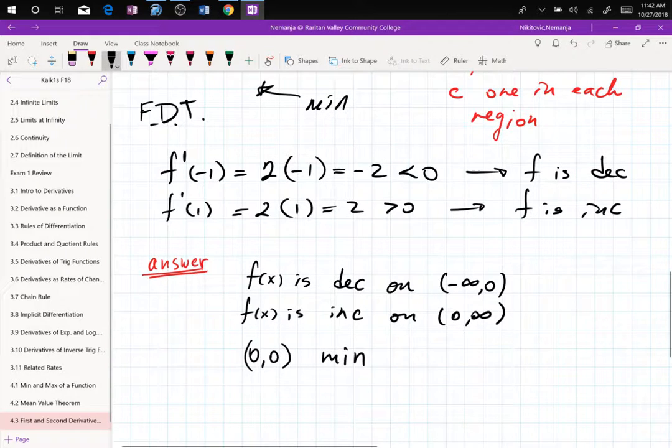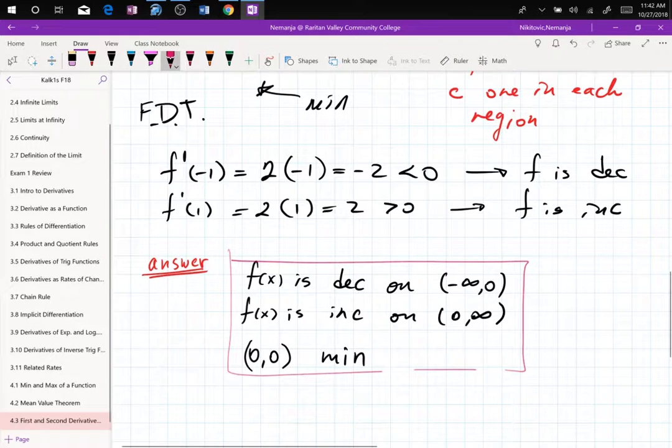This is your answer. So this is the answer that you must present at the end of the problem.